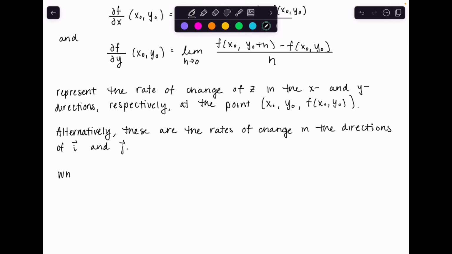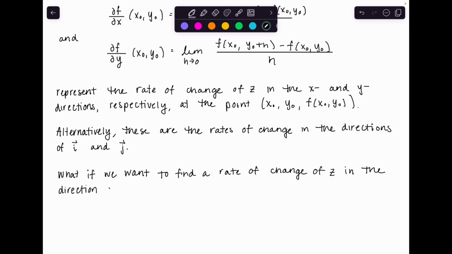We're going to try to build what happens if we want to find a rate of change of z in the direction of an arbitrary unit vector, which again I'll call u, and it has some components a and b.